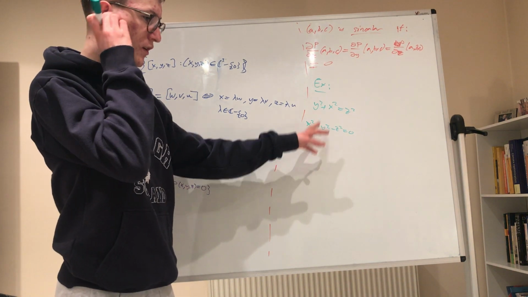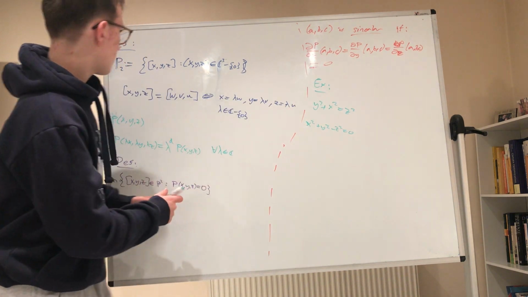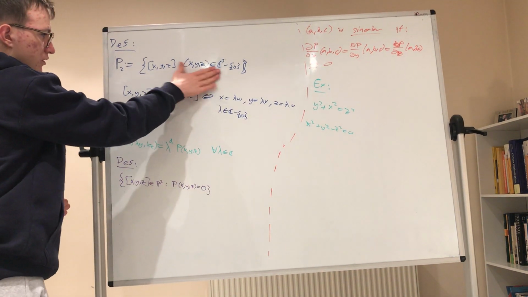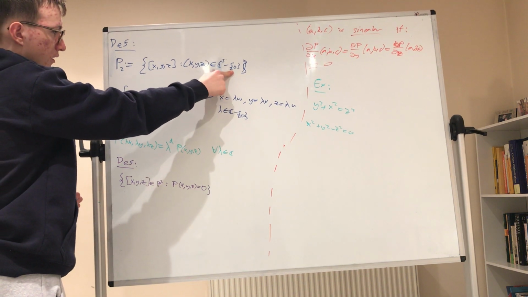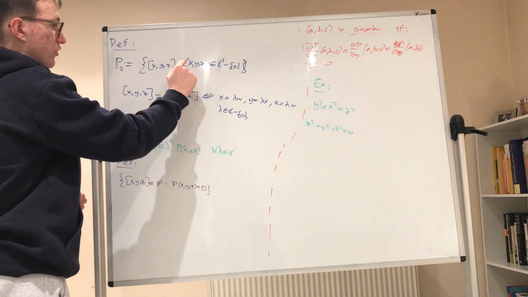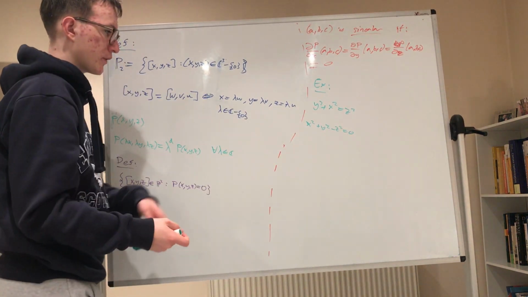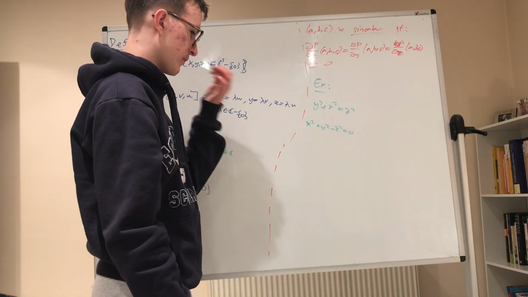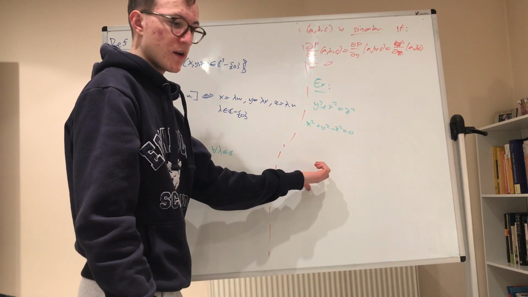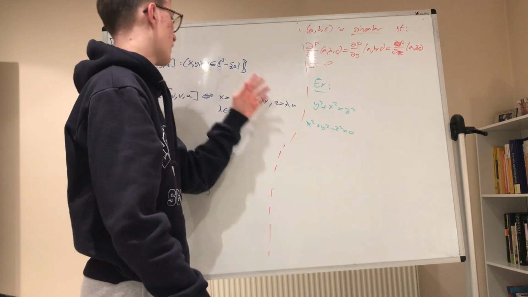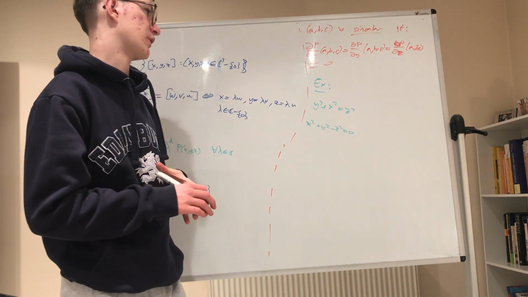The definition requires that this triple is not 0, 0, 0. So when we take all of our partial derivatives, we get 2x, 2y, and 2z. And these are only equal to 0 when all three are 0, but we're not allowed to have that, so it's non-singular.